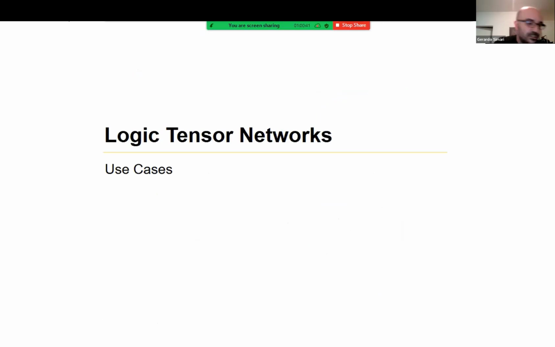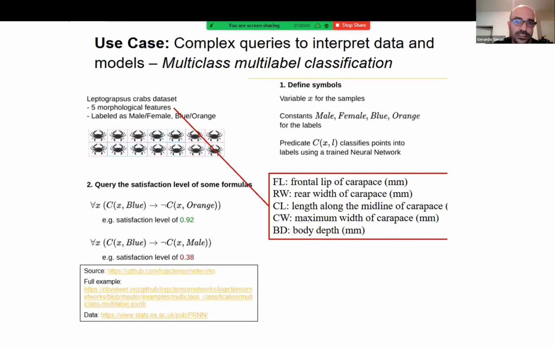So the use cases, I'll have to go through these quickly. At least the first one is interesting, but I also include several links for each. So the sources, I include links for the GitHub repository of Logic Tensor Networks, where they have several Jupyter notebooks.